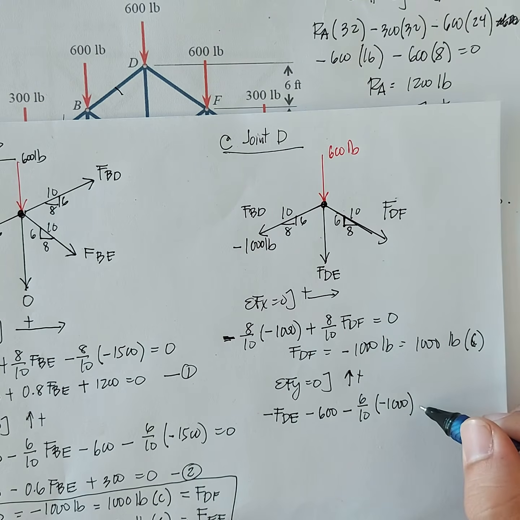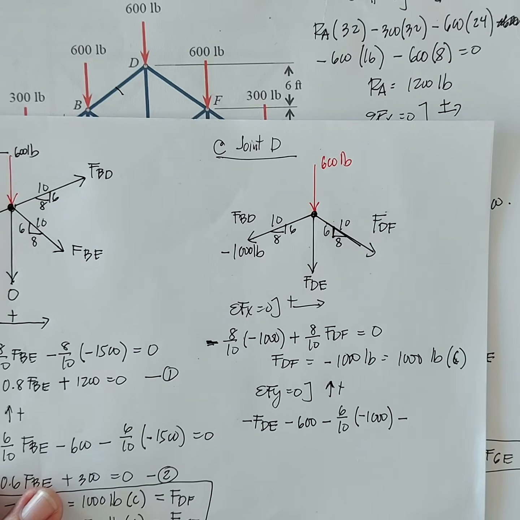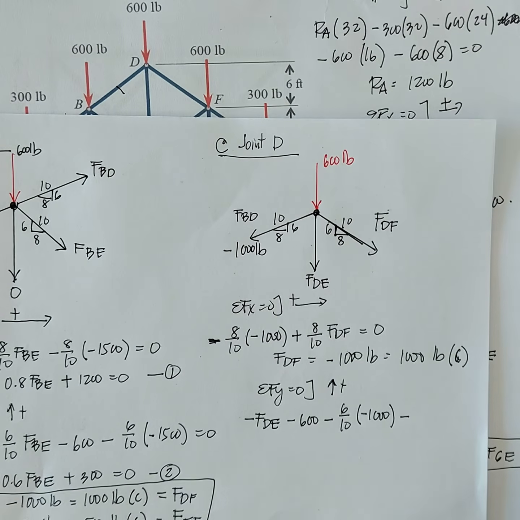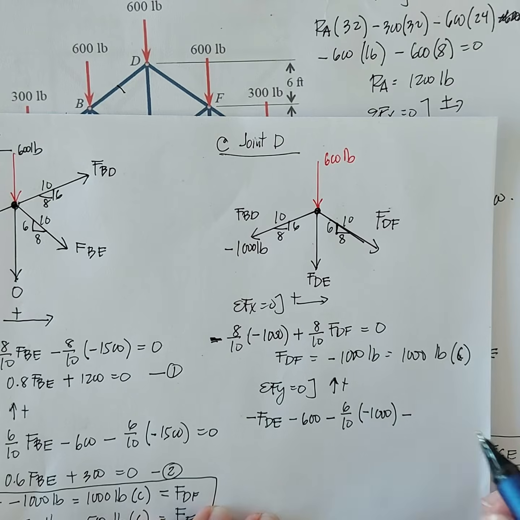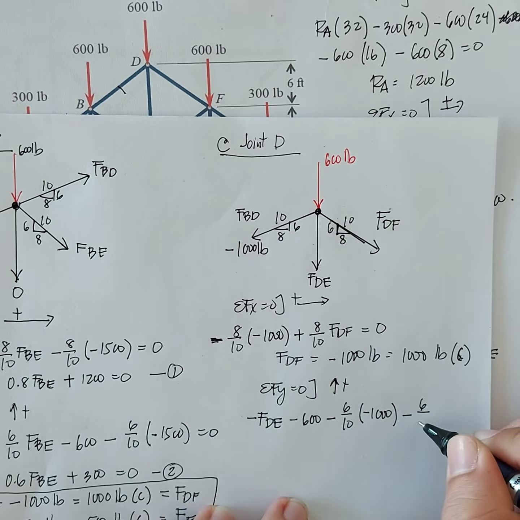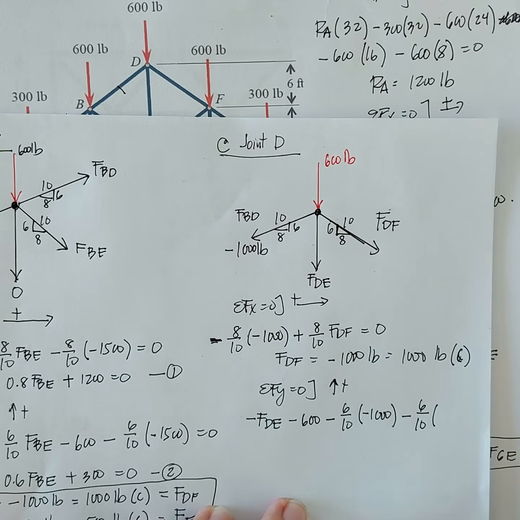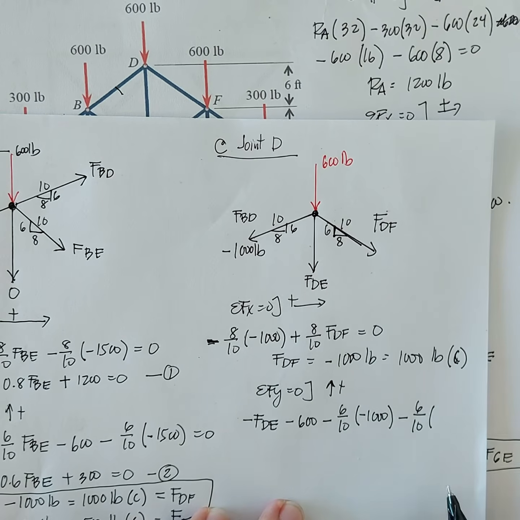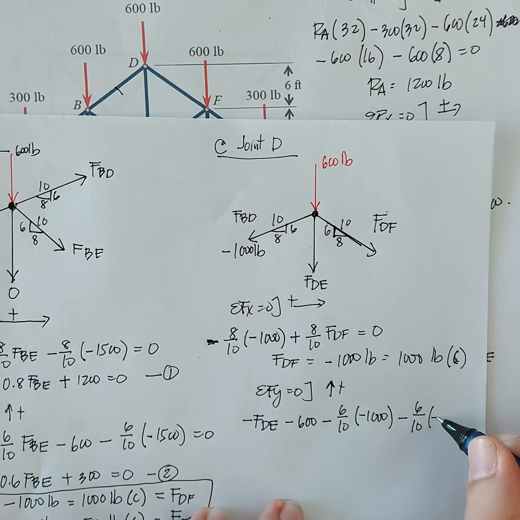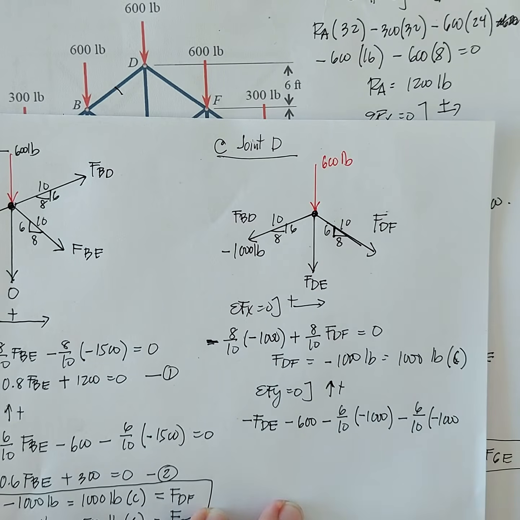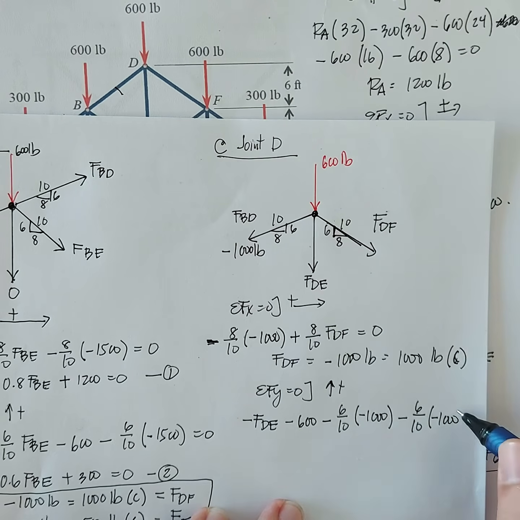Minus 6 over 10 times FDF kanina is negative 1,000. Ito ba? Okay, good.